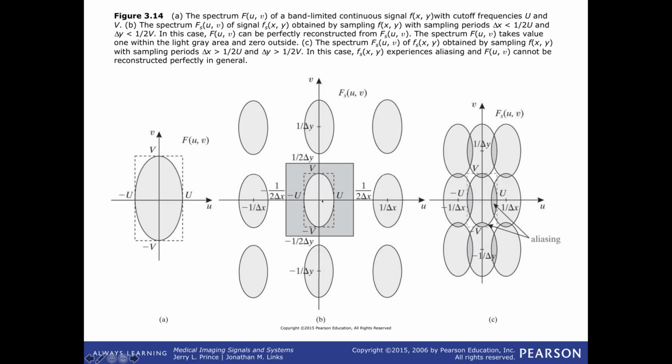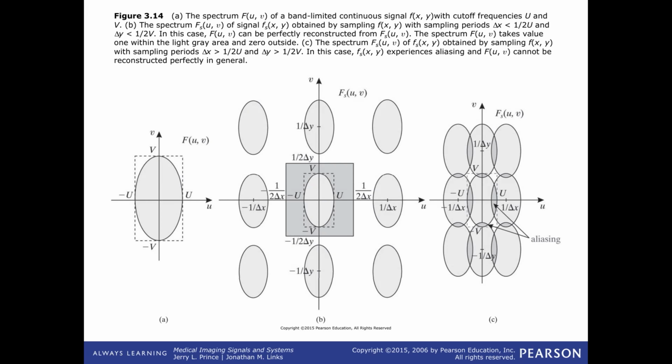Recall, this only happens when you turn your function into the function that is sampled with that comb. If you take the Fourier transform of your original continuous function, you will just get the full Fourier transform. Now what we're saying is, what happens if I take the Fourier transform of the function that has zeros, then a value, zeros, then a value, zeros, then a value.